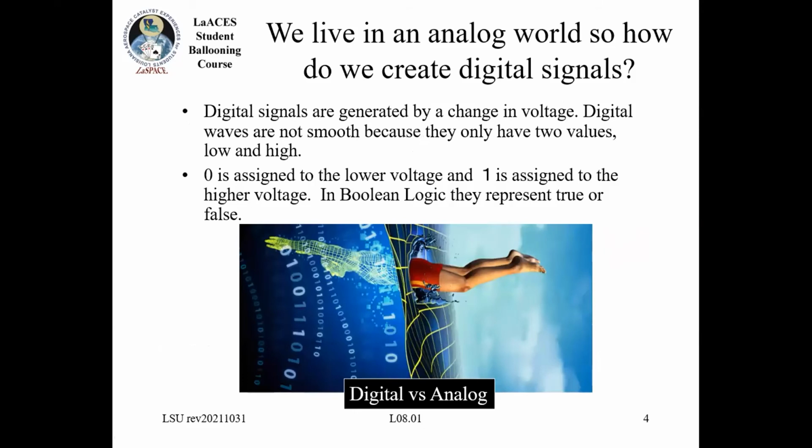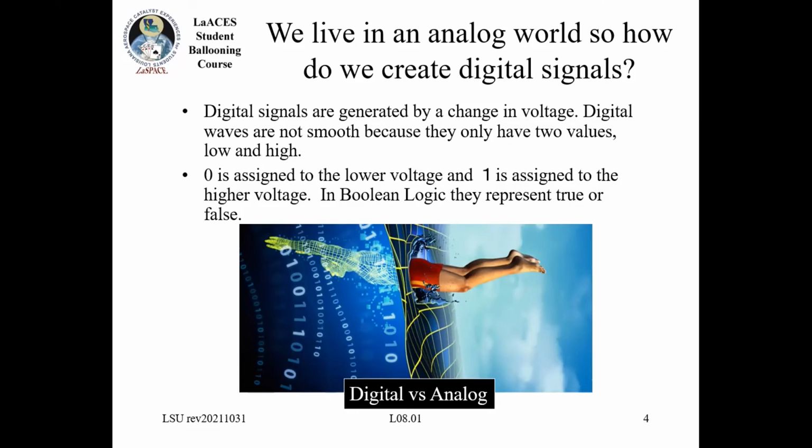So the point is that most real physical signals in the real world are analog, right? There's a continually varying pressure that you're feeling. That's what's making sound. It's not in steps of every PSI.